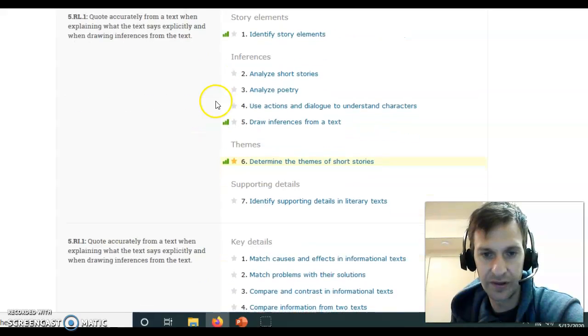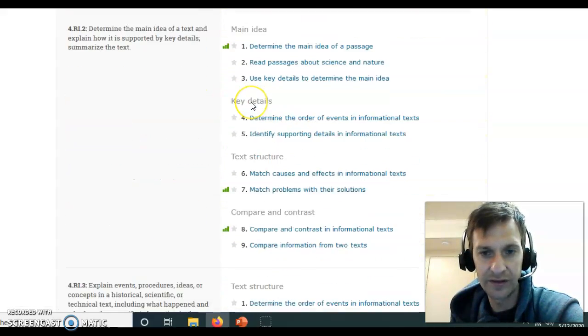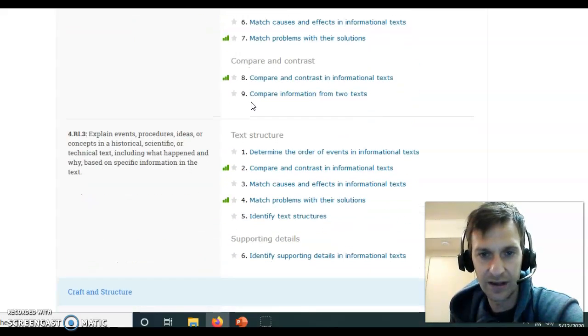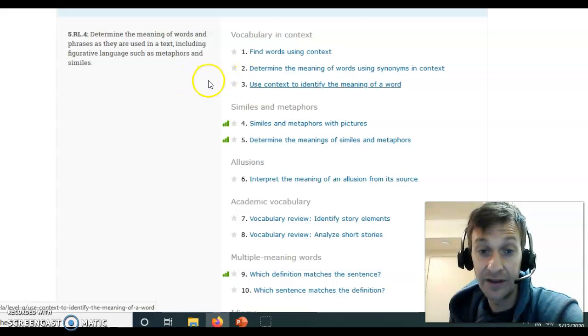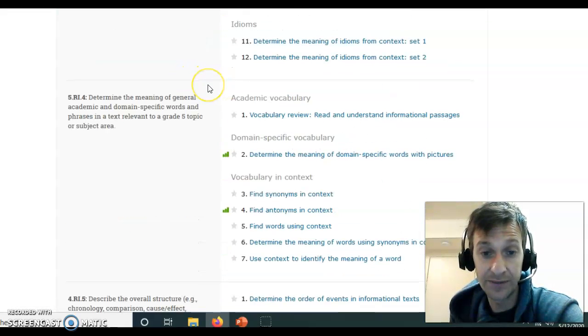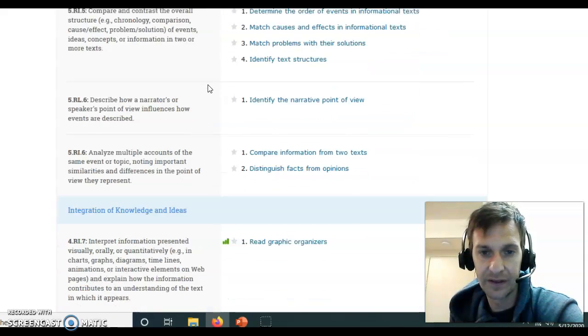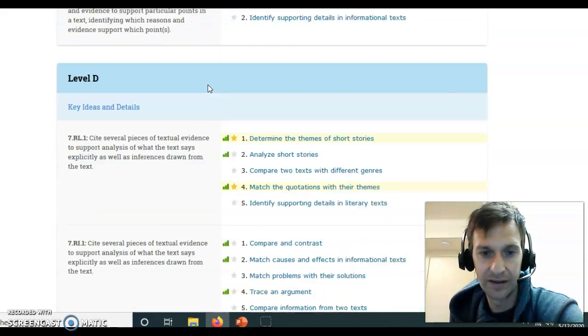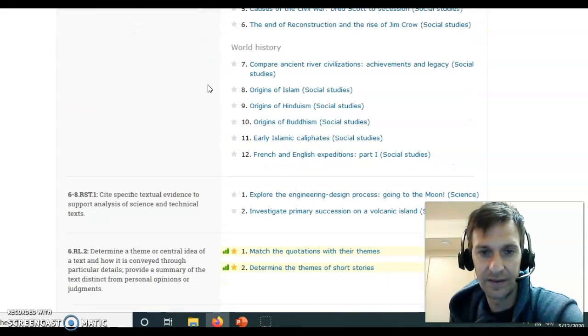So scroll through it. Here's your theme. Here's all, and we will go through all these over the next couple weeks, talking about everything that you need to know for your test. And everything you need to know is in IXL. So the more you guys practice, the more prepared you're going to be. So I would highly recommend putting more practice into it.